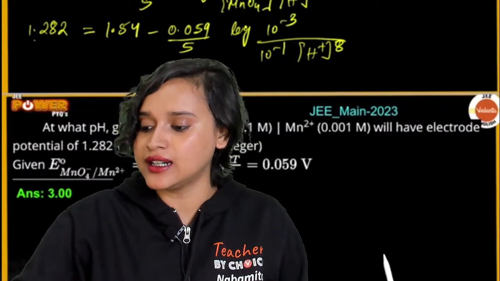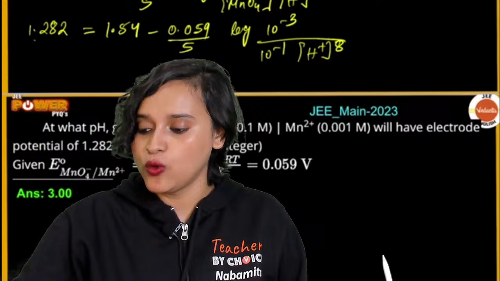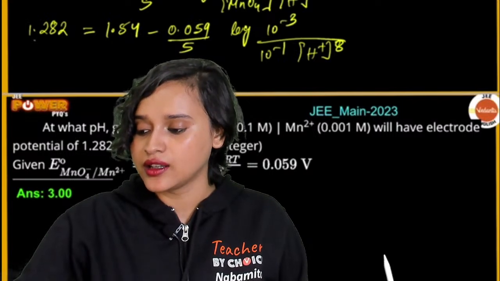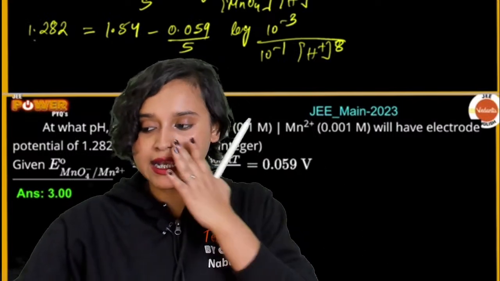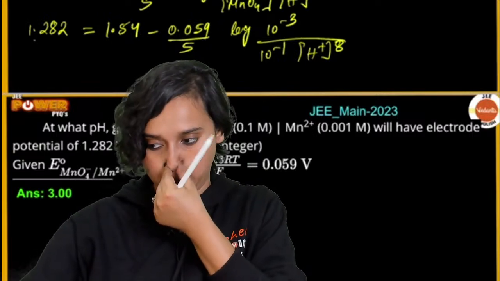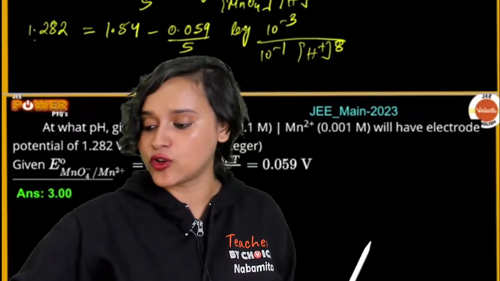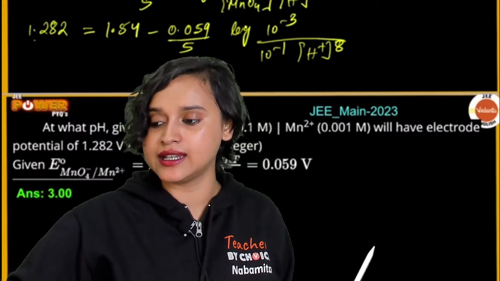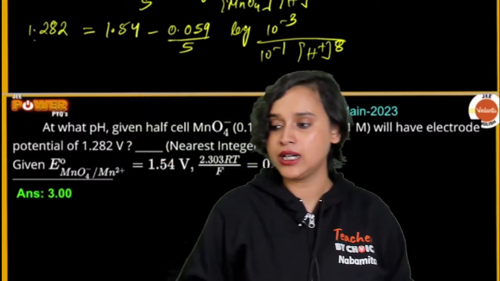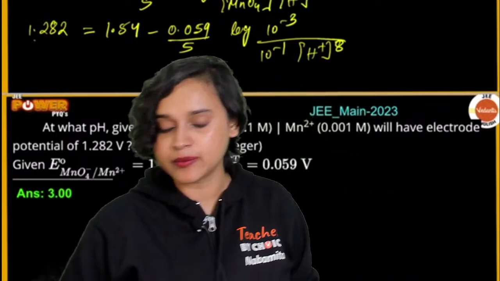Come on guys, answer. 1.282 minus 1.54. Anybody? Reply guys. Nobody is replying.